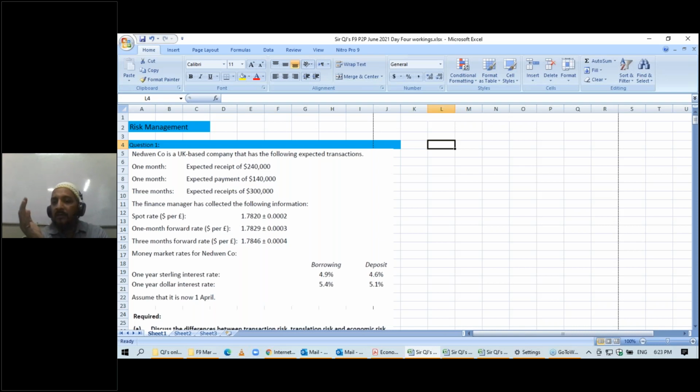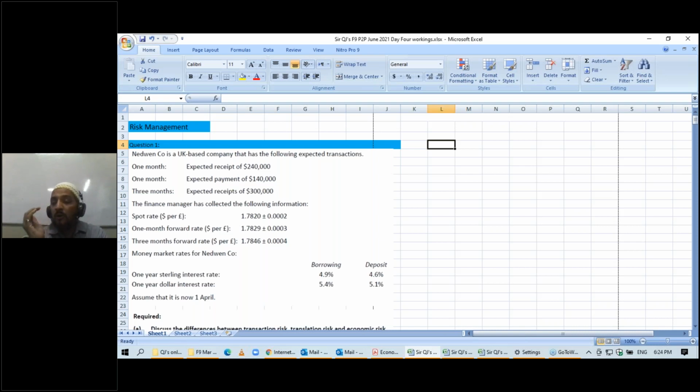If the foreign currency weakens, due to weakening of the foreign currency, you will be receiving lesser cash in the local currency, so you incur a loss. Then on the other end, if you have to make a payment to a foreign supplier in the foreign currency, in that case, if the foreign currency gets stronger, you will have to pay more of the local currency to buy that foreign currency to make the payment.